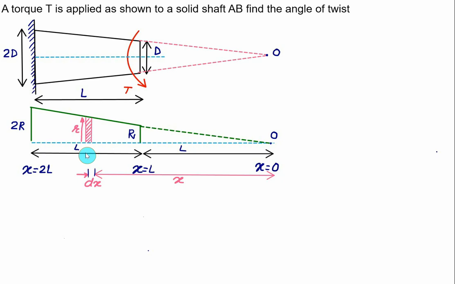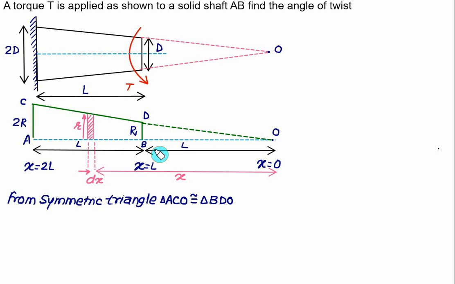So we can apply the similar triangles: triangle ACO is similar to triangle BDO. So these two are similar triangles. If you consider these two triangles, then r divided by x, that is the height divided by the base, is equal to 2R divided by the base 2L.